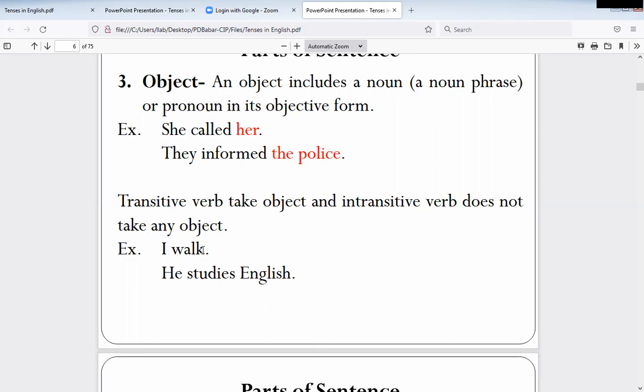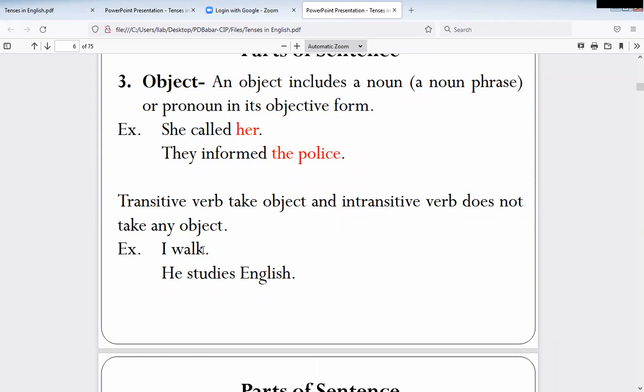The second example is: he studies English. See this example, he studies English. Here he is the subject, studies is the verb, and English comes as an object. If we ask the verb a question, what studies?